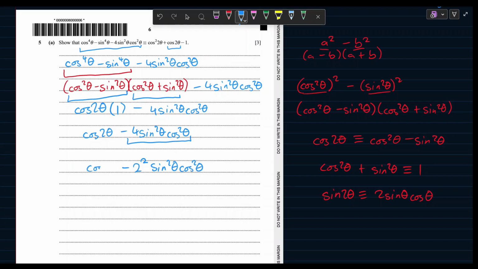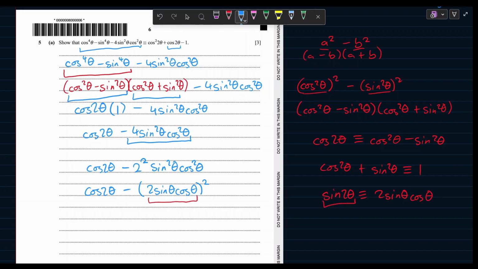Just put the cos 2 theta there. So essentially we can factor out this power 2 so that it's cos 2 theta minus, in brackets, 2 sine theta cos theta, and everything is all squared like this. And as a result, we can replace this 2 sine theta cos theta with sine 2 theta.